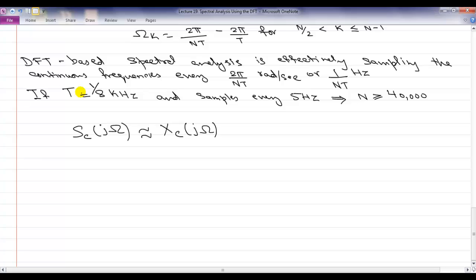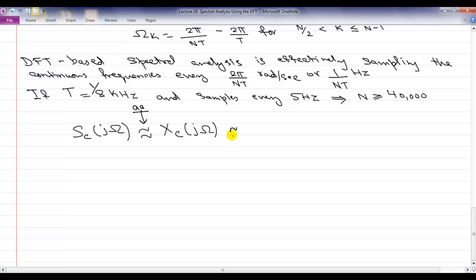Okay. So this approximation is due to anti-aliasing. Let's assume that that approximation is true. The next approximation is due to the sampling.